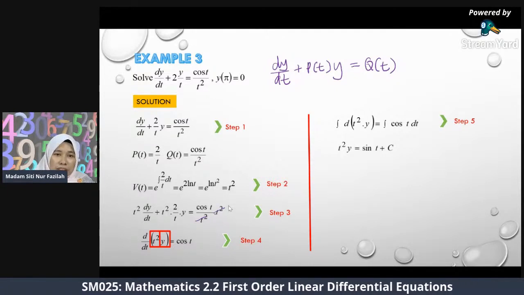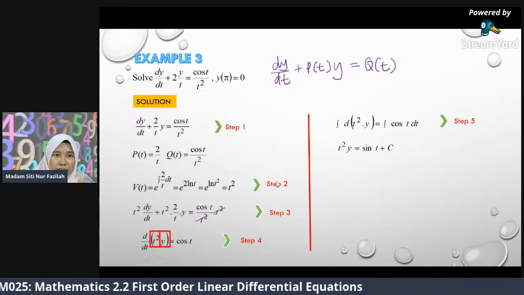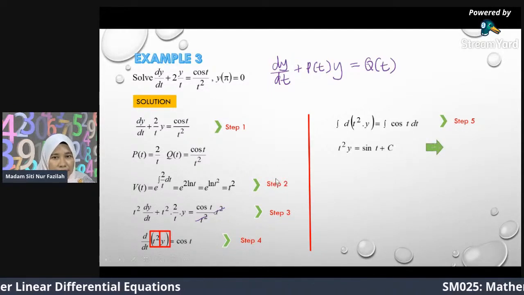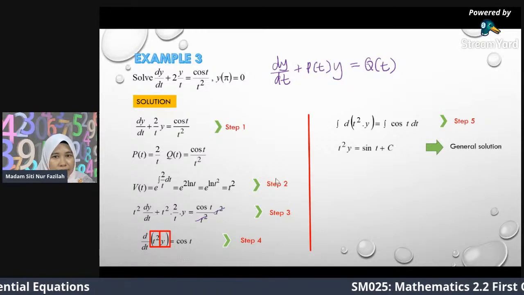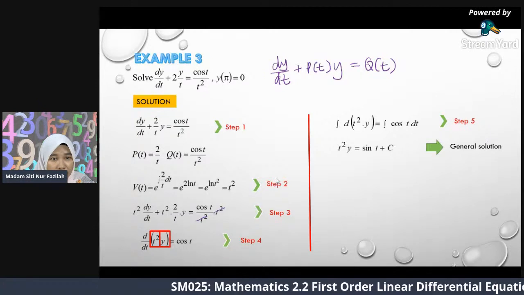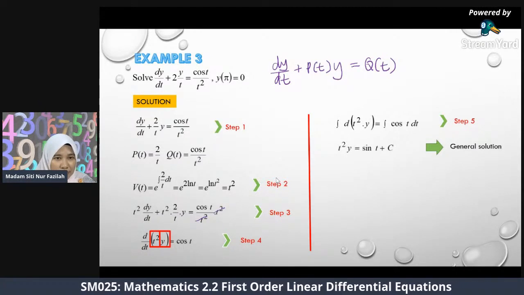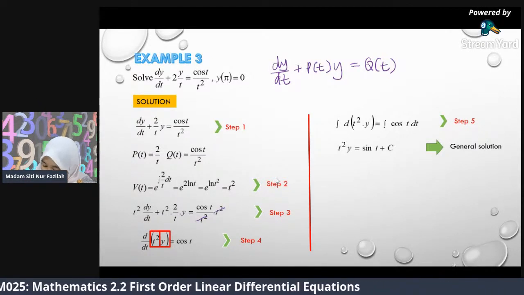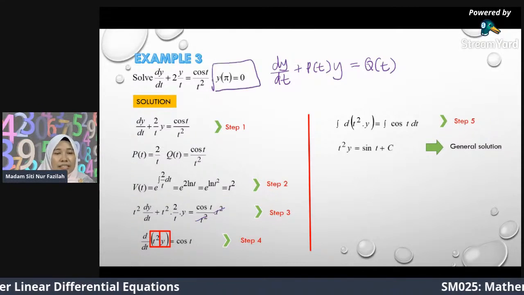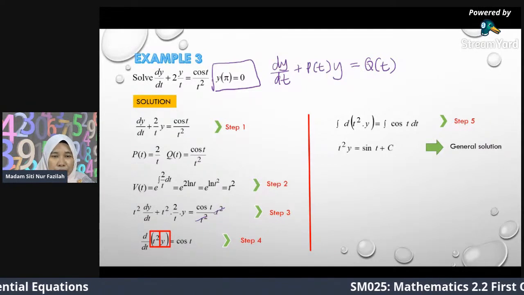This is a general equation or general solution. For this question, we have an initial value or condition: y of pi equal to 0.